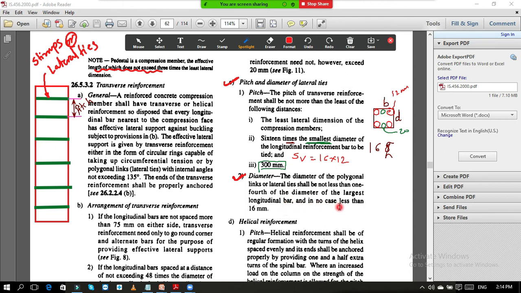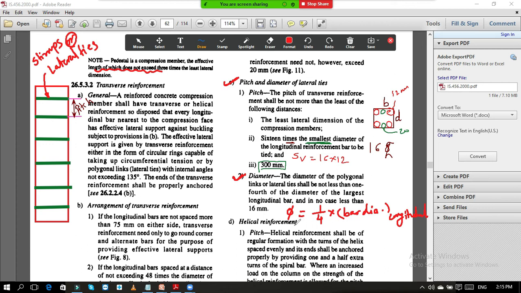So 1/4 into the bar diameter in the longitudinal direction, and this bar should be the largest.